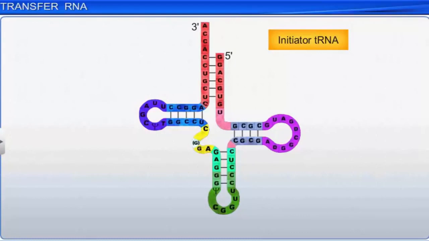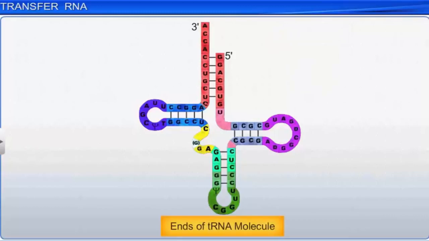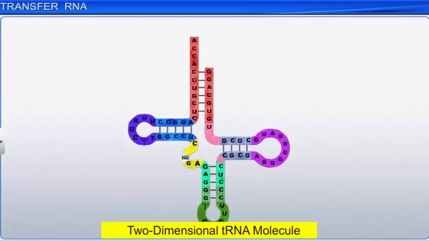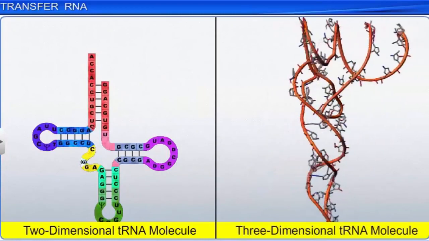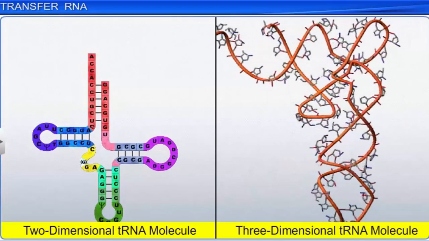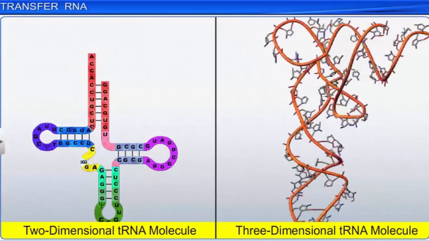Each tRNA has G at its 5' end and CCA at its 3' end. Interestingly, tRNA takes the shape of a clover leaf when examined as a two-dimensional structure, whereas it looks like an inverted L-shaped molecule in a three-dimensional structure.